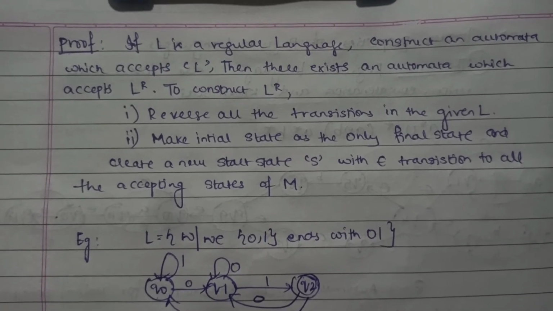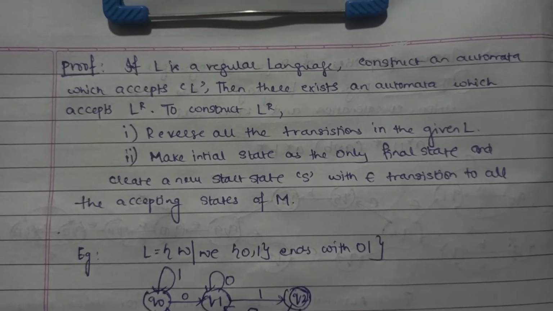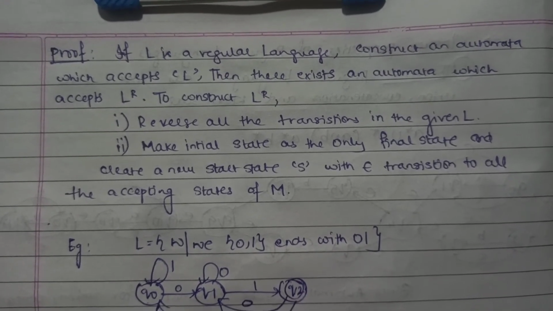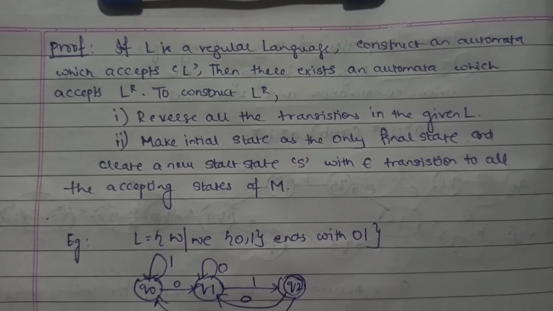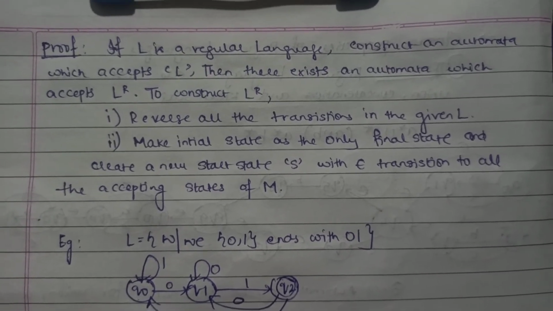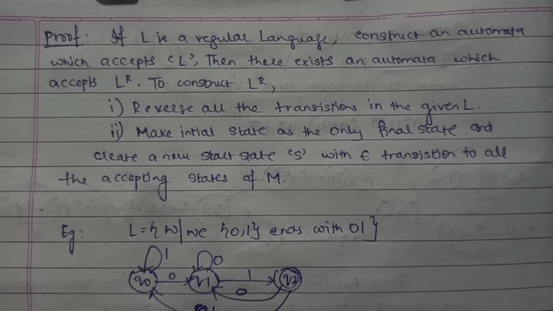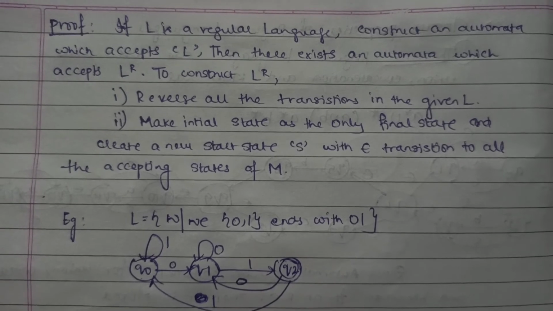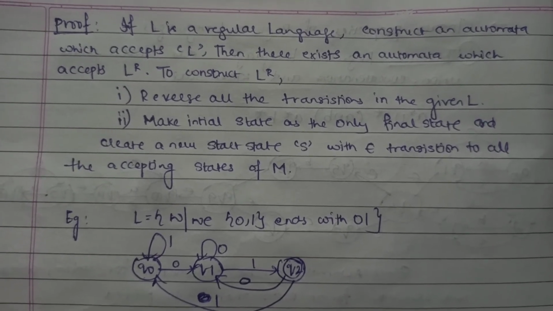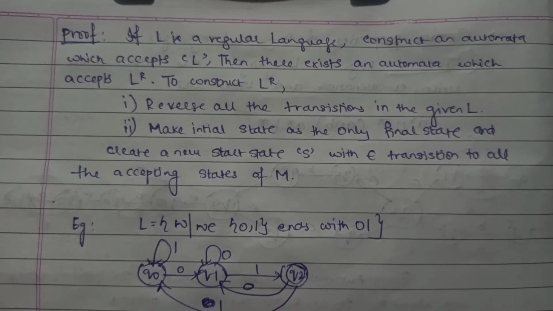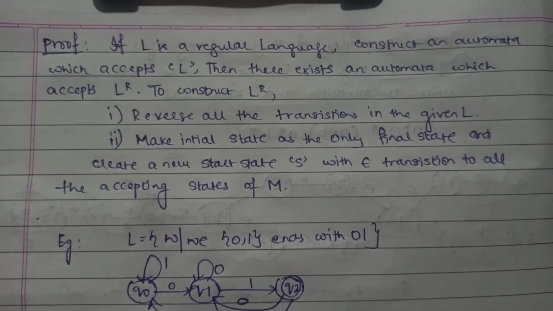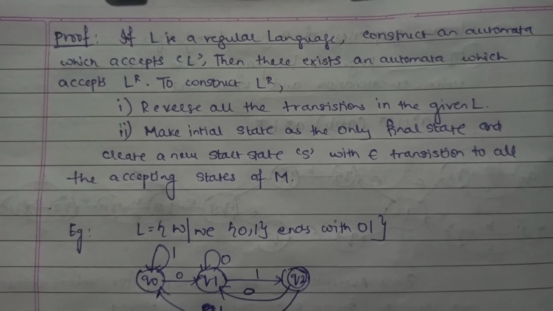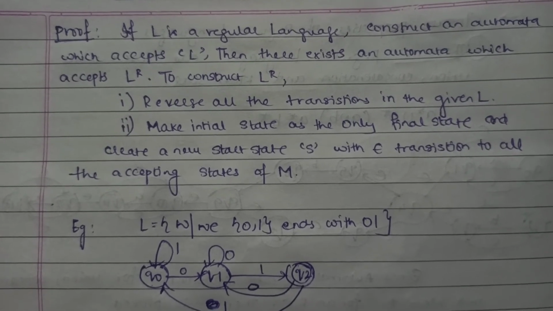The proof for the reverse is: if there is a regular language L that has an automata M, you can also have another automata that accepts the language L of R. For this, you have to reverse all the transitions present in M, make the initial state the only final state, and the new start state S should have an epsilon transition to all the accepting states of M, the earlier automata you constructed.